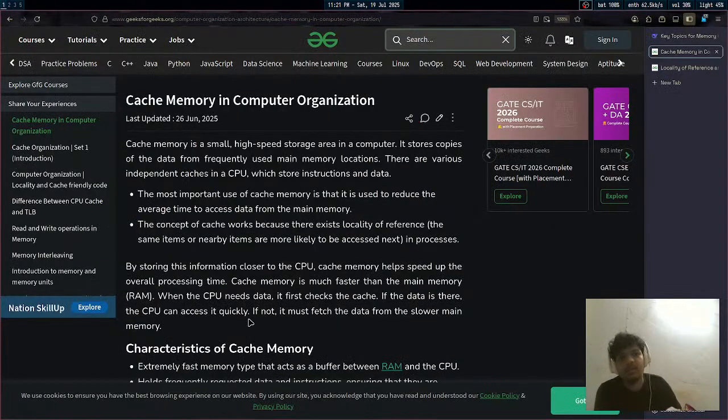So yeah, cache memory in computer organization. Cache memory is a small high speed storage area in a computer. It stores copies of the data from frequently used main memory locations. There are various independent caches in a CPU which store instructions and data.